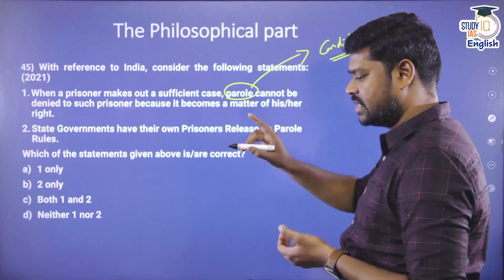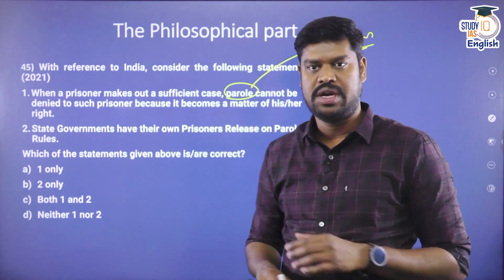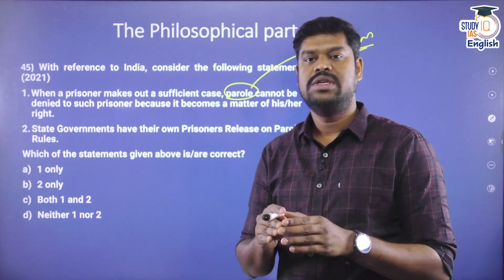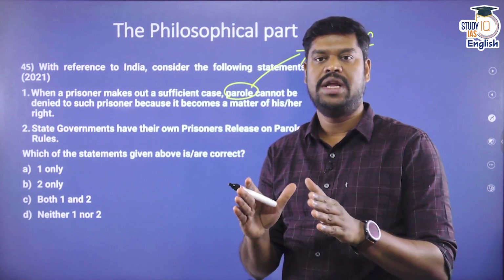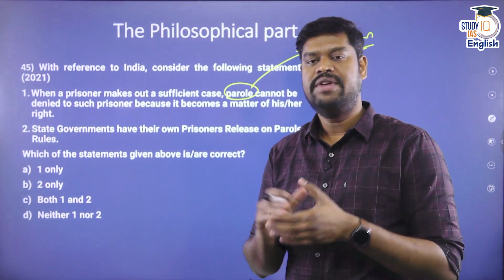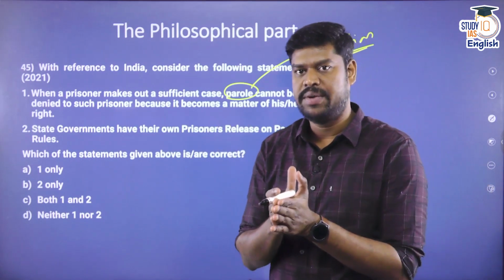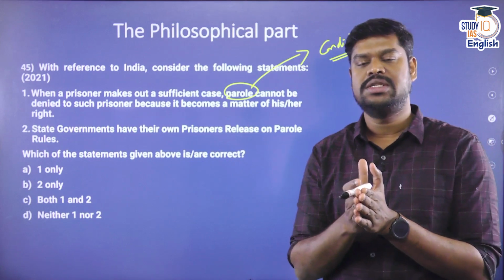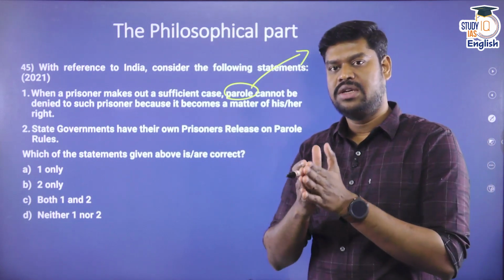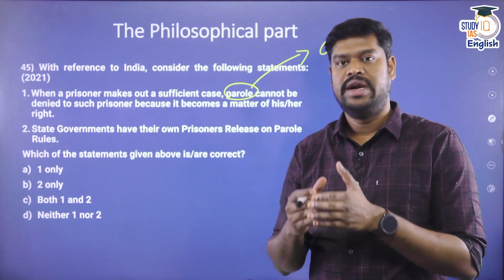However, please understand, asking for parole and getting parole is not a matter of right of a convict. The parole is granted by the state depending upon the behavior of that individual, but it is not a matter of right. Even if he makes out a sufficient case, parole can be denied by the government or the state authorities, if they feel that letting this convict out may be a grave danger to the society.